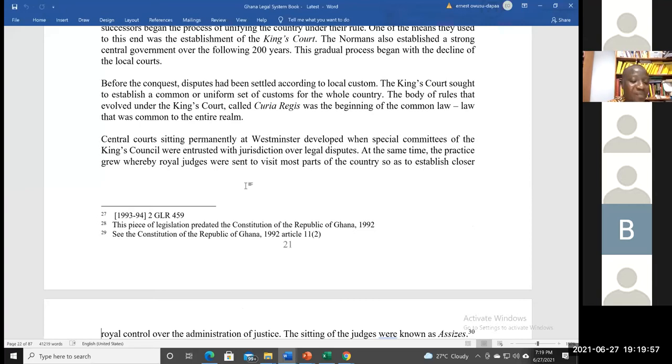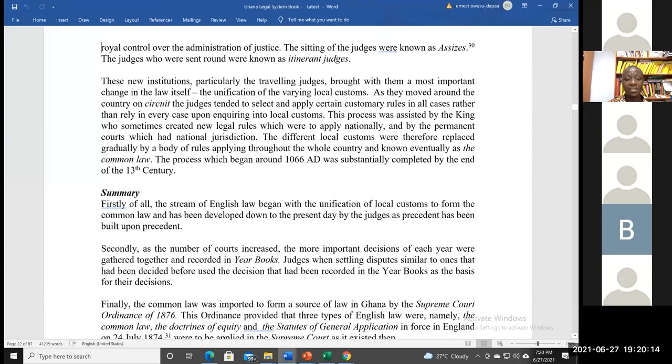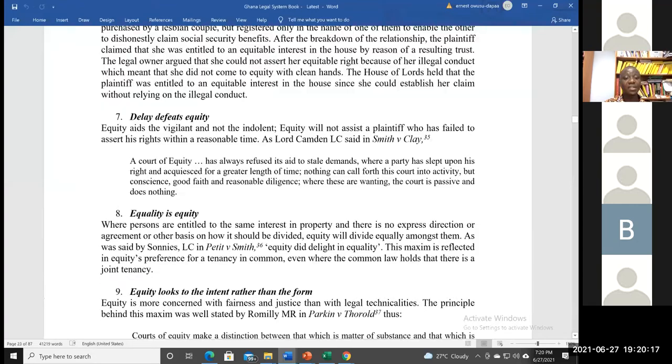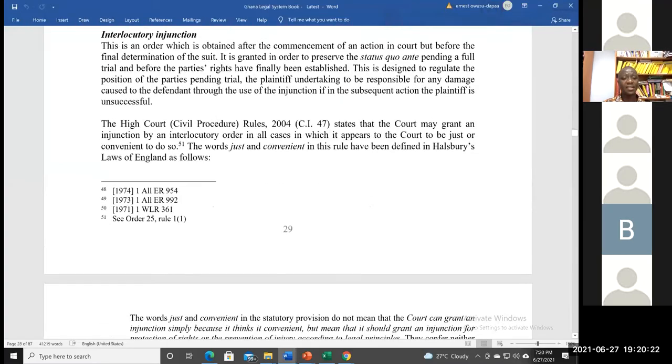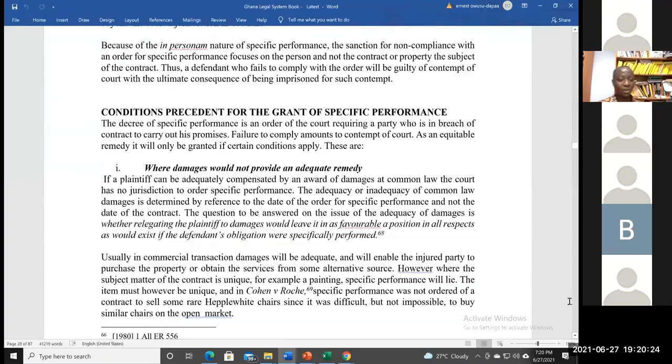Maybe another area you may want to touch upon is that if you look at how customary law is defined in Ghana, it is also problematic, because if you look at Article 11, clause 1 of the 1992 Constitution, we are told that there are rules of law which by custom are applicable to particular communities in Ghana.